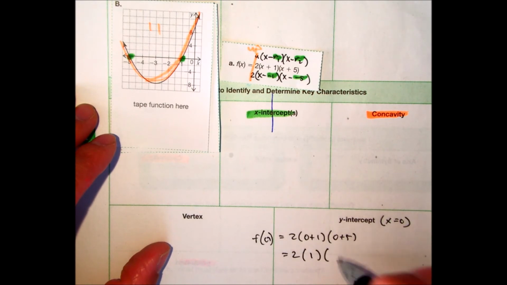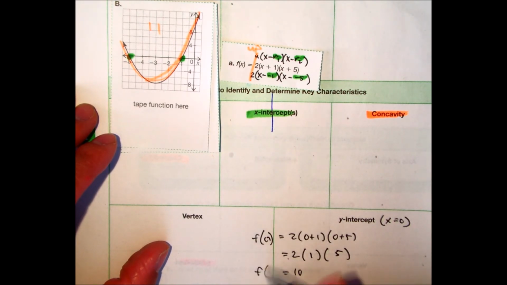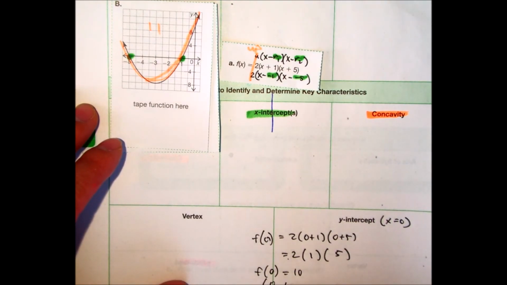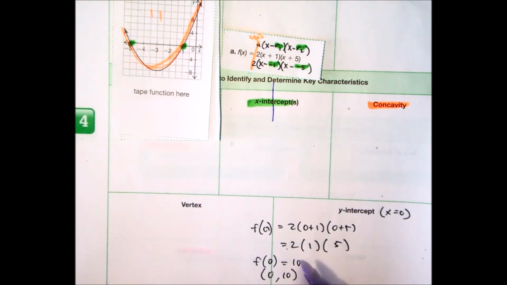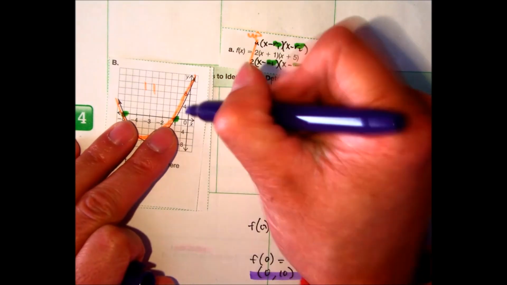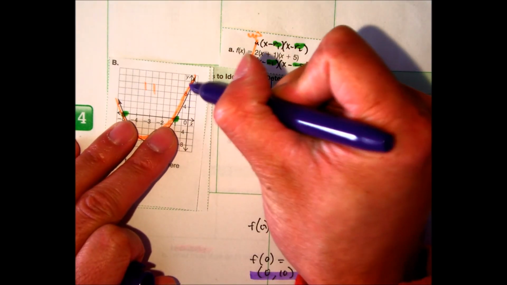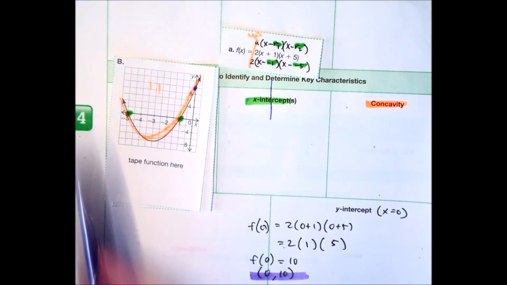And 0 plus 5? 2 times 1 times 5 is? So, in function notation, your ordered pair is 0, 10. So if I look at my graph here, you'll notice that it actually goes through 2, 4, 6, 8, and 10. So capital B matches with lowercase a.